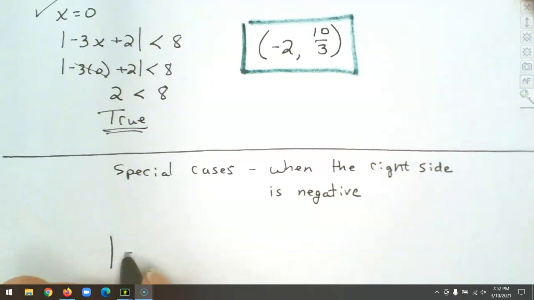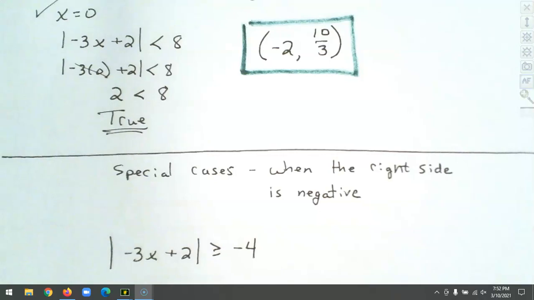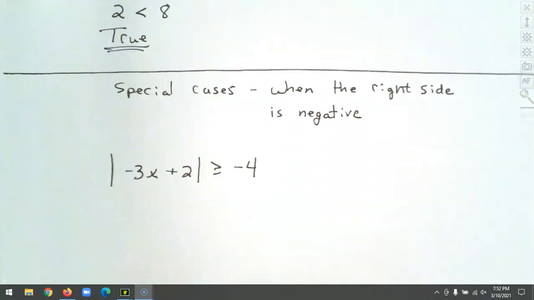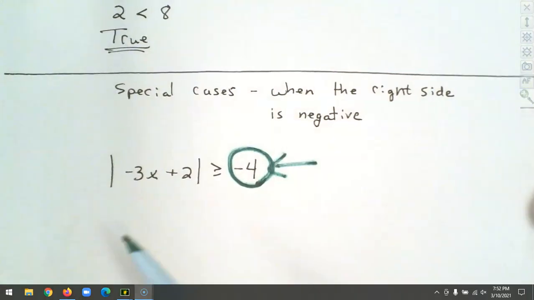So this is an example of a special case. And why would this be a special case? Well, it's going to be a special case because that 4 is negative. So that makes it a special case.